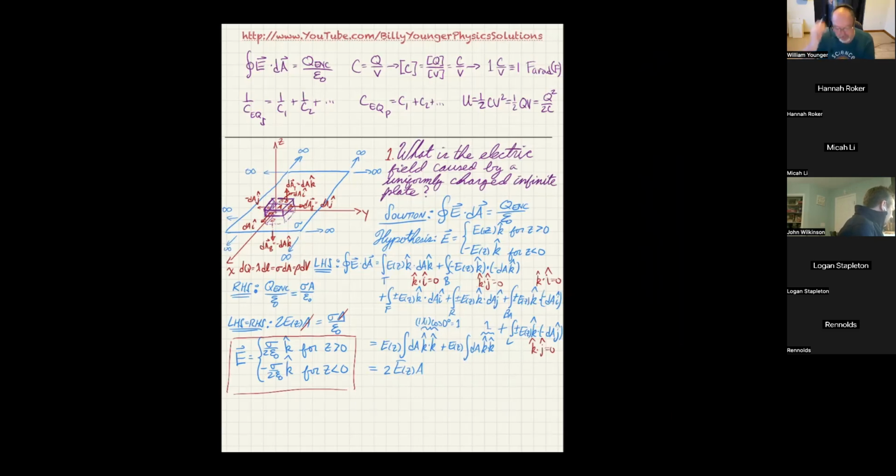Okay. But you can also see that if we make a plot of electric field versus distance, it has the boundary condition I've been talking to you about. So for instance, if we go up here, we get sigma over 2 epsilon naught is the magnitude of the electric field. And this is for, I wrote R, but really I should have written Z. So for a positive Z, the electric field is a constant.